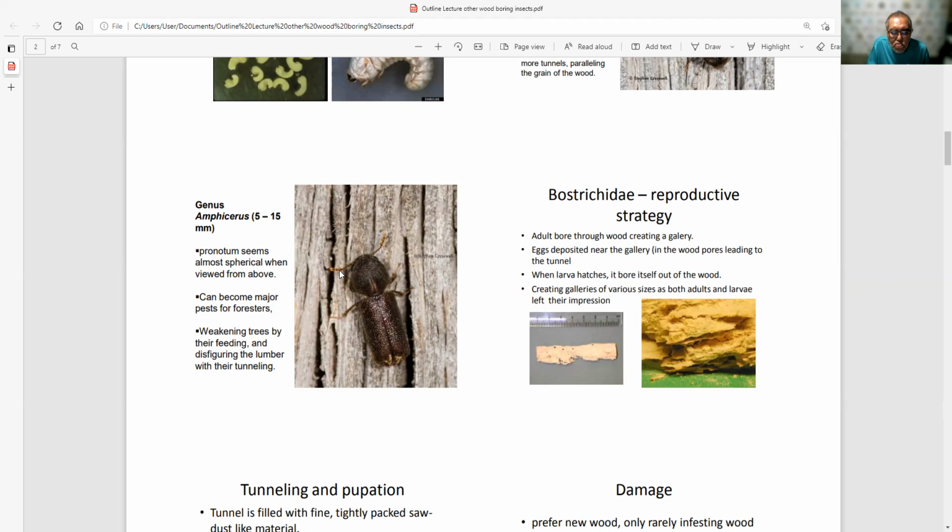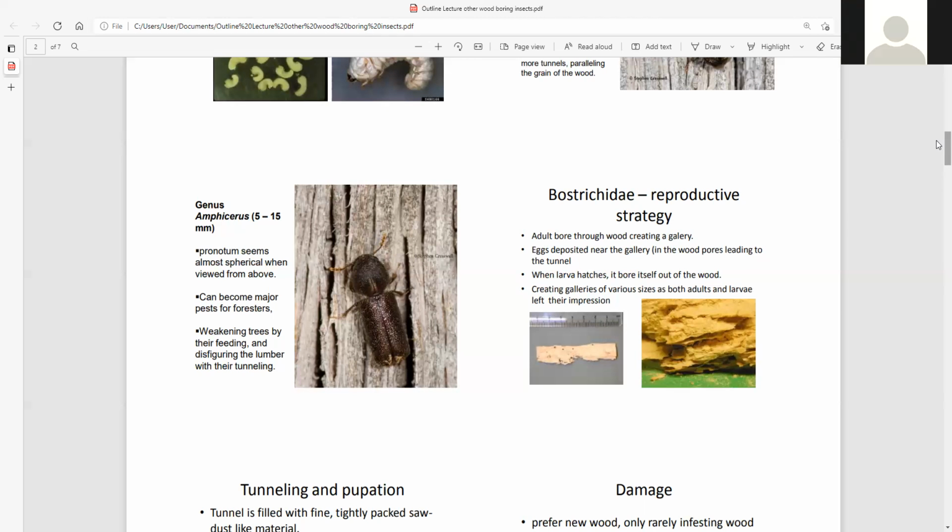So apabila kumbang ni berlindung di dalam kayu-kayu keras ni, dan memakan sumber-sumber kanji yang disediakan di celah-celah kayu keras tadi, maka dia akan disfigure ataupun melemahkan struktur kayu dan juga menjejaskan struktur kayu.